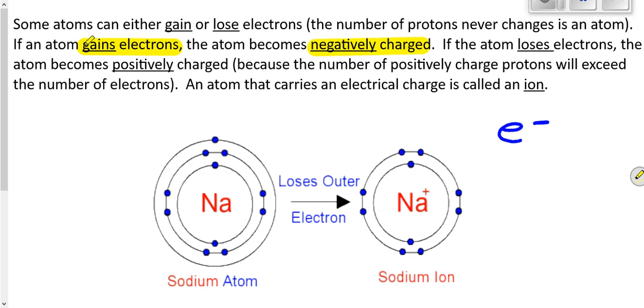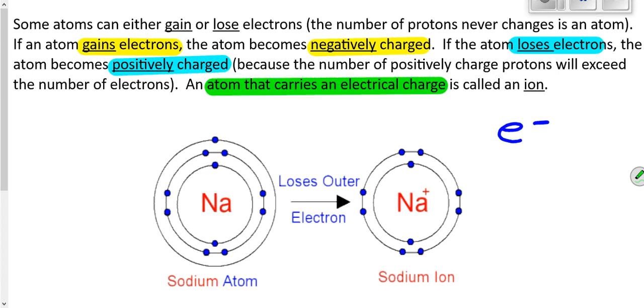By the same token, if I remove or lose electrons, then the atom is going to become positively charged because it's missing some of its negatives. It'll have more positives in the middle. What we want to remember is any time we gain or lose electrons and get a charge, an atom that now has a charge is called an ion.